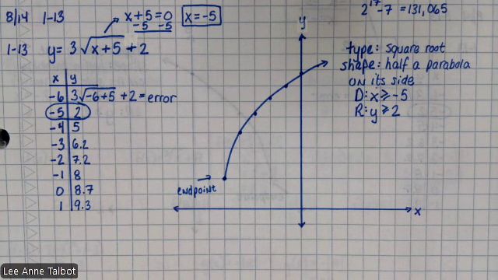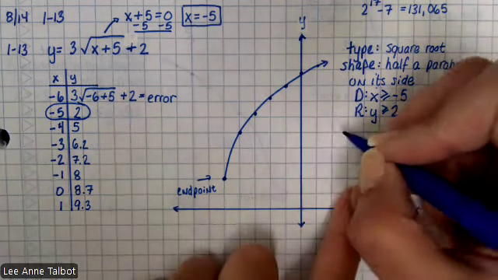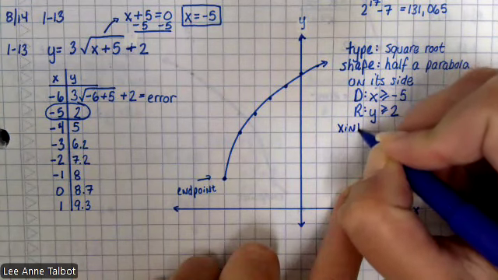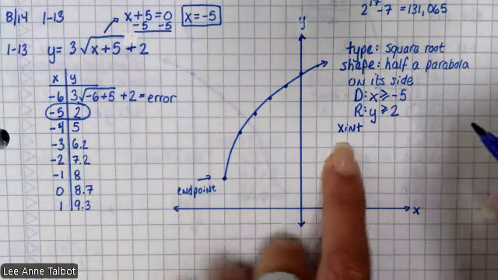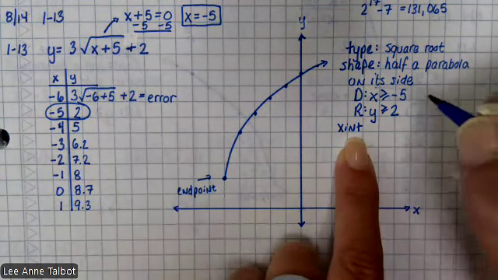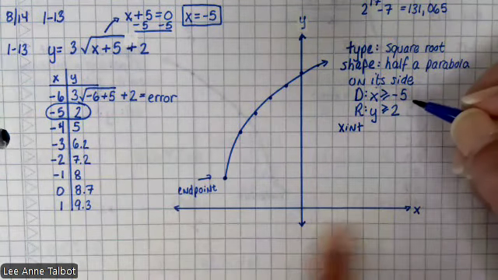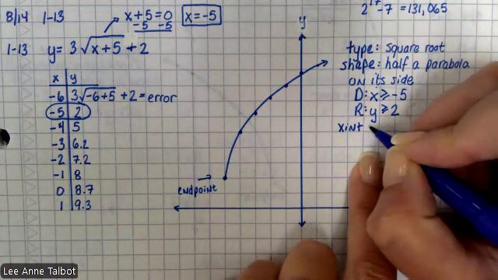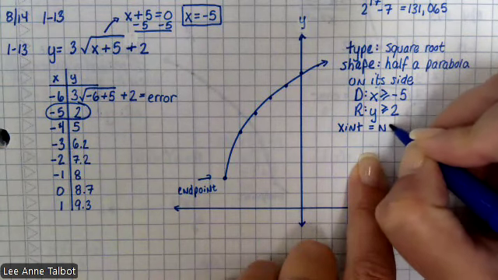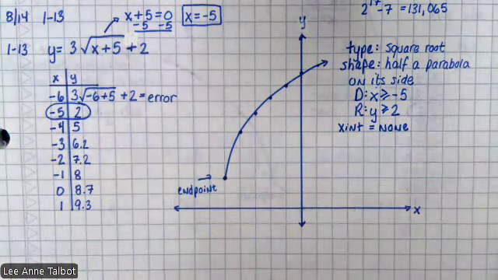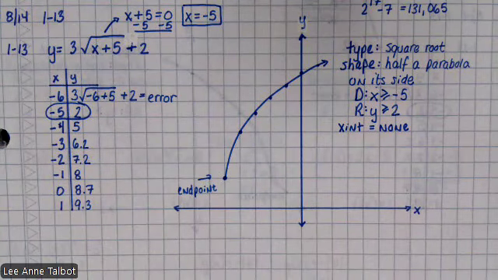The next thing we need to add are intercepts. The x-intercept in this case, that says x int because I'm too lazy, there isn't one. I don't see this graph ever crossing the x-axis.